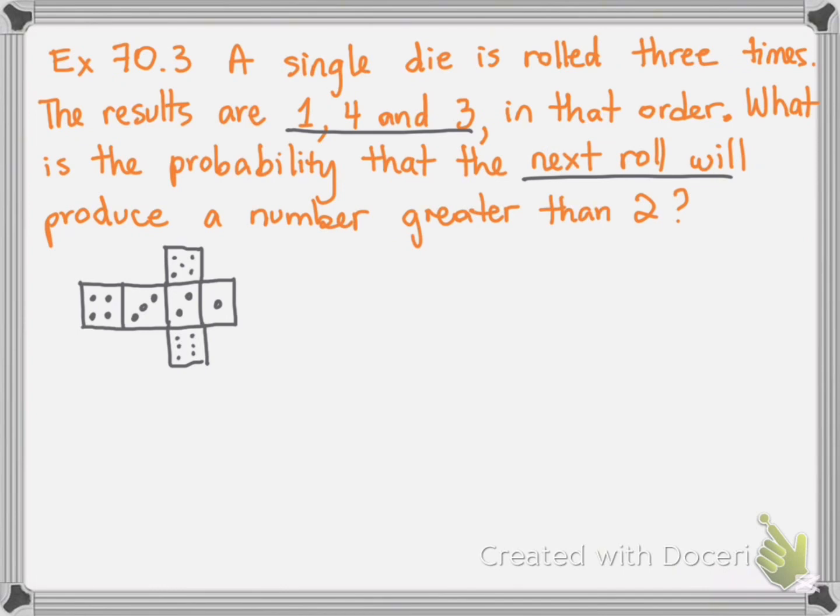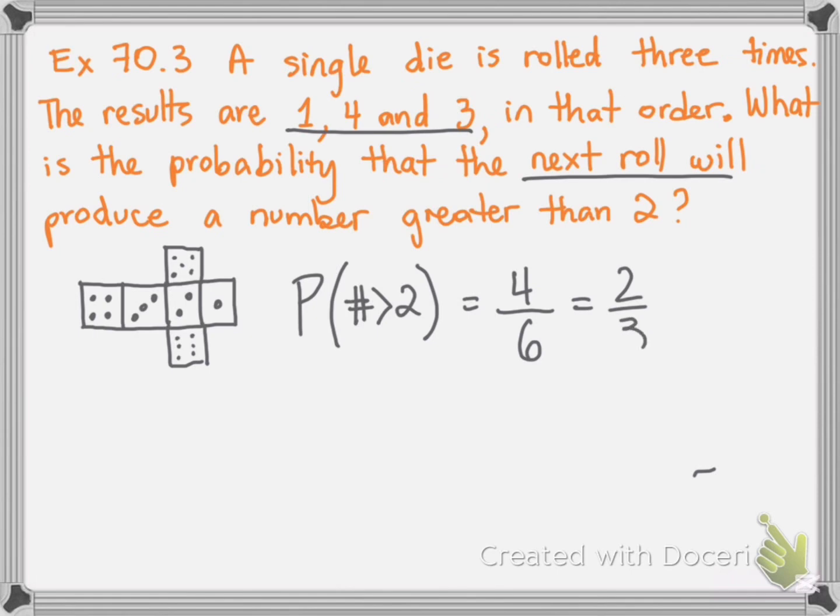So what is the probability of getting a number greater than 2? So we'll put here number greater than 2. Well, we have to count how many numbers are greater than 2. And it will be 4 numbers: 3, 4, 5, and 6. And the total is 6 because there are 6 faces. And again, we reduce and the answer is going to be 2/3.